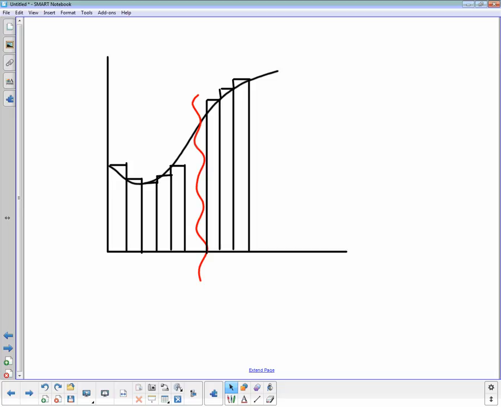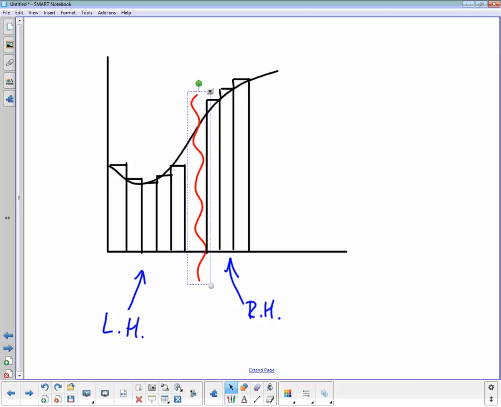All right, so here I'm using the left-hand side. Here I'm using a right hand. And depending upon whether your curve is increasing or decreasing, you'll either be overestimating or underestimating.